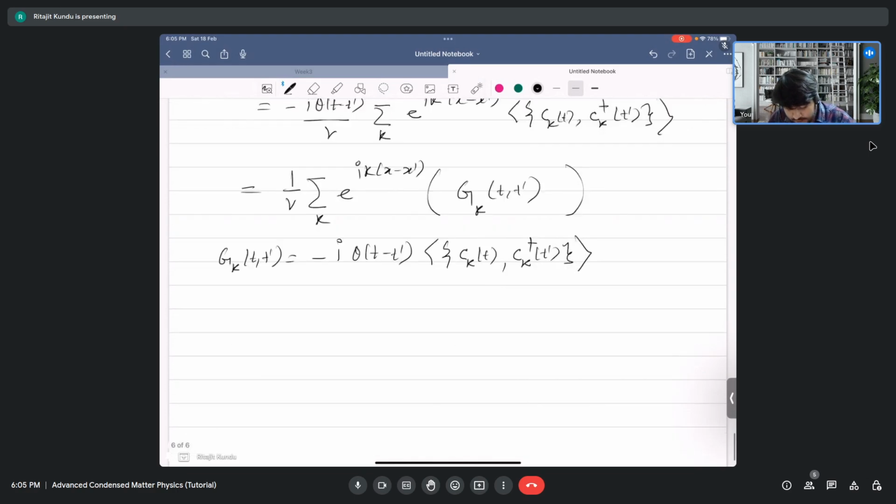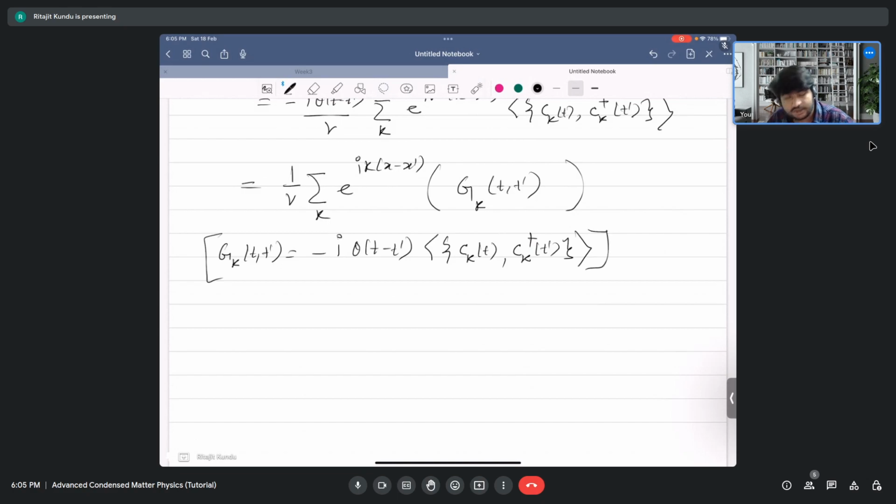So it turns out that this is a Green's function in momentum space. I've just gone from real space to momentum space. You'll probably see that these things might be easier to deal with, and you'll see how we write the Green's function explicitly.